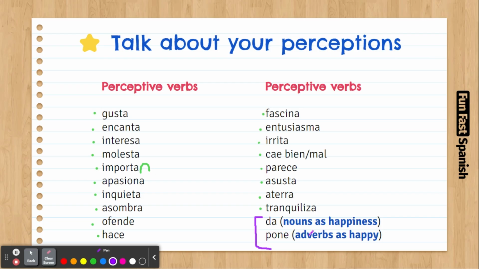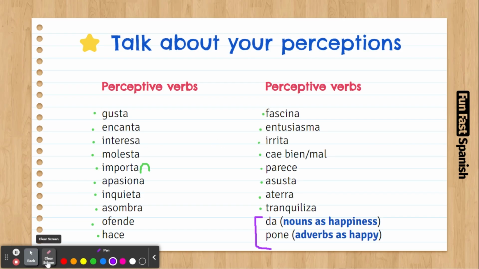But the second one is the adjective, happy. So if you want to use the adjective, use happy. A mí me pone feliz, a mí me pone triste. But if you want to put it as a noun, it's like it gives me happiness. Then you use the verb da. A mí me da felicidad, a mí me da tristeza, a mí me da tranquilidad.